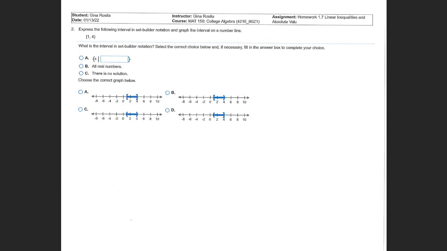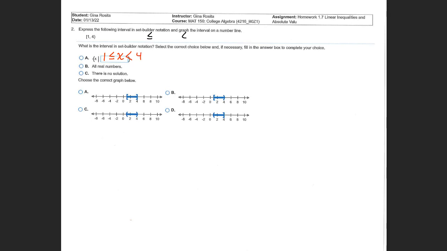The interval is [1, 4). A bracket means closed, so there is equal there, and parenthesis means open. So we write 1 less than or equal to x, because it is closed, and 4 is open, so just less than 4.